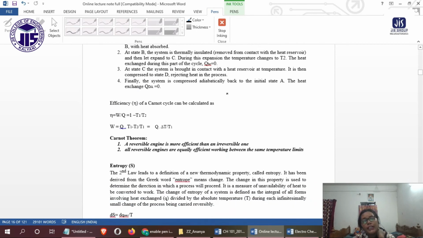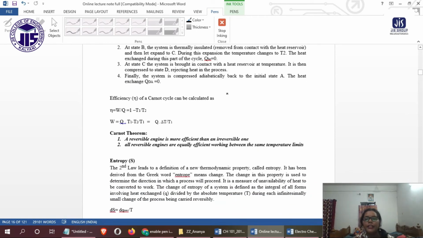Now from this Carnot cycle, if we derive the efficiency of the Carnot cycle, the efficiency eta equals W by Q, work divided by heat, which equals 1 minus T1 by T2. T1 is the first temperature, T2 is the second temperature. So W equals Q. If W equals Q, that means T1 minus T2 divided by T1 equals Q delta T by T1.